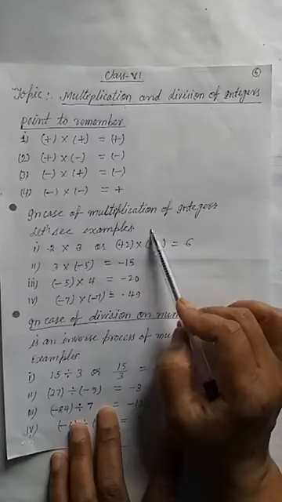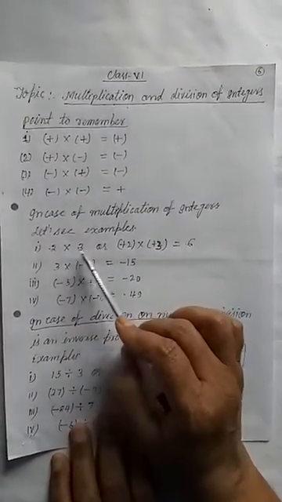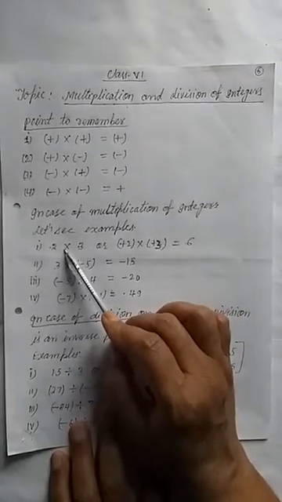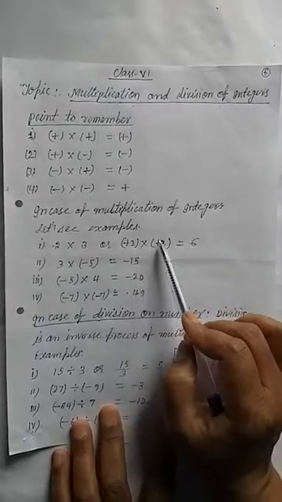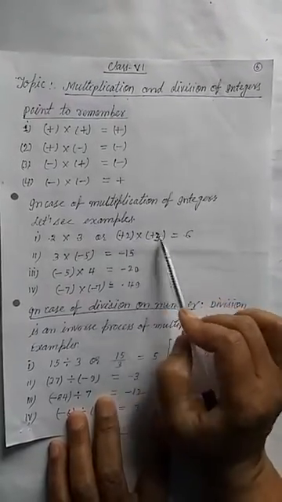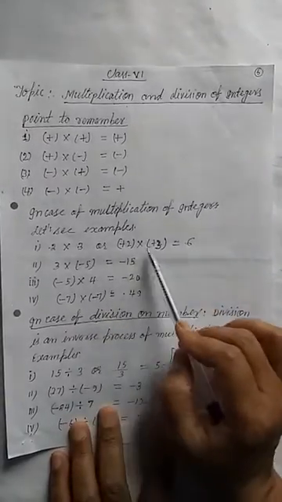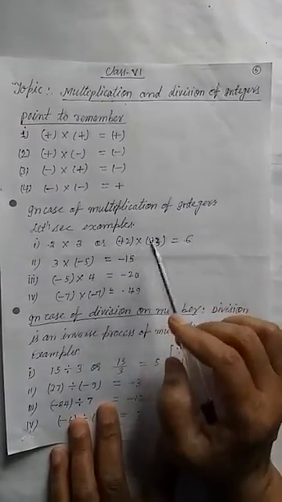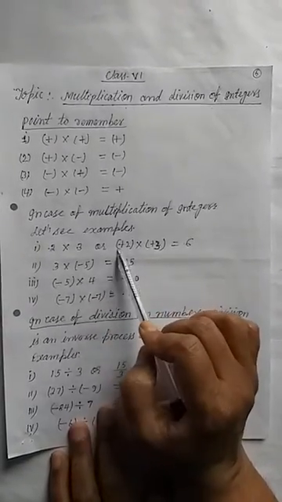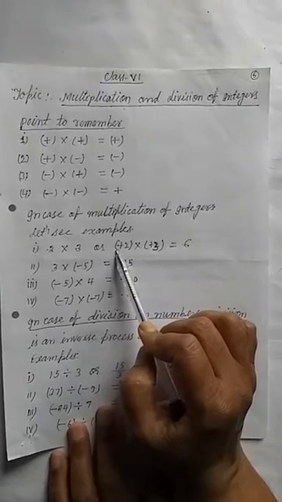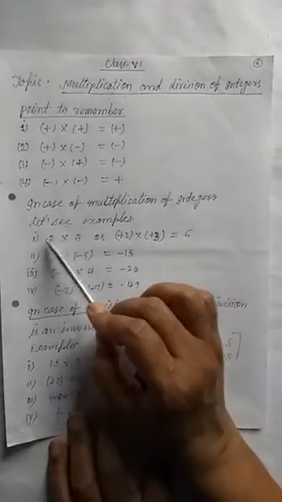Now let's see the first example: 2 into 3, or 2 multiplied by 3, or we can also write plus 2 into plus 3 in brackets. No need to write brackets in the case of plus, so simply you can write 2 into 3. Which rule will we apply here, student? You can say, sir, the first rule, because here the plus sign is hiding.